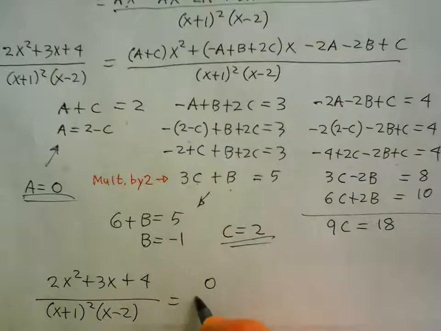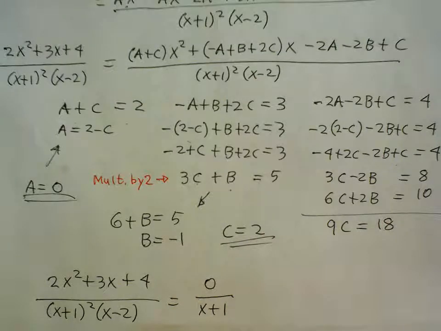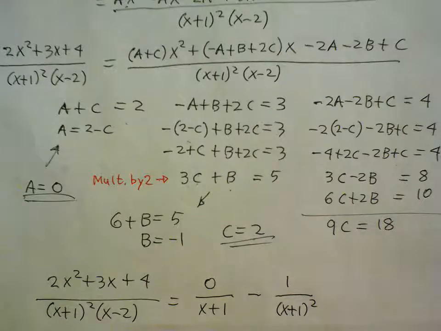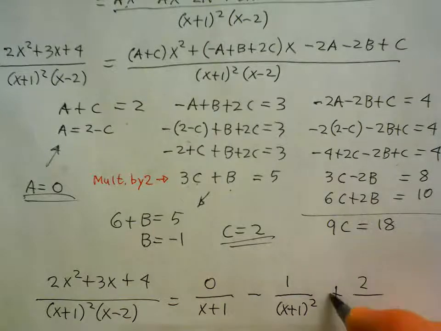I'll go ahead and write it here. 0 over x plus 1. B is -1, so I'll write minus 1 over x plus 1 squared. And C is 2, so we get plus 2 over x minus 2.